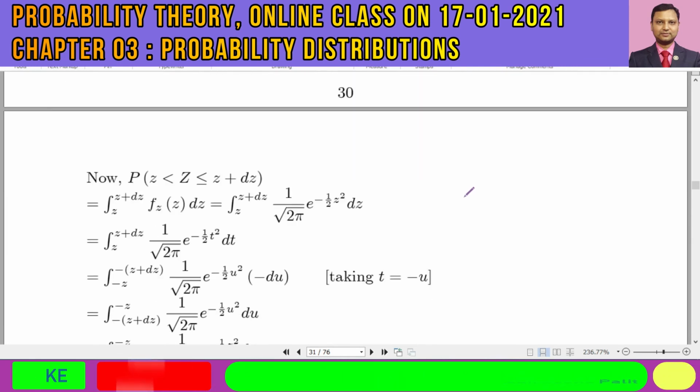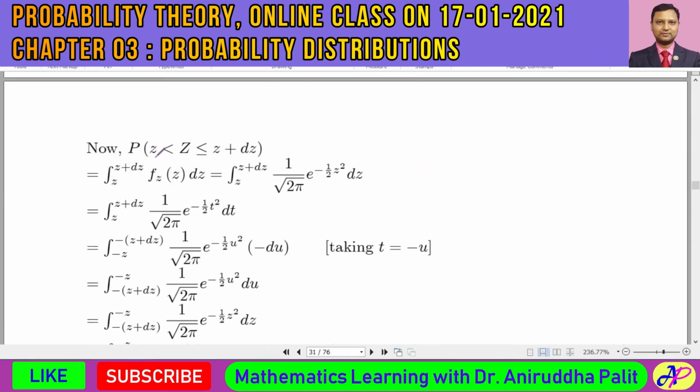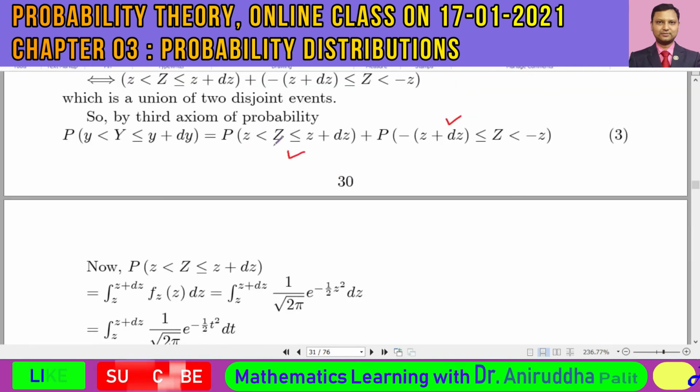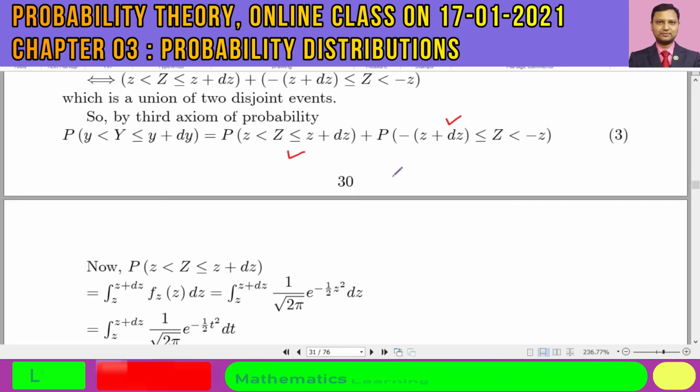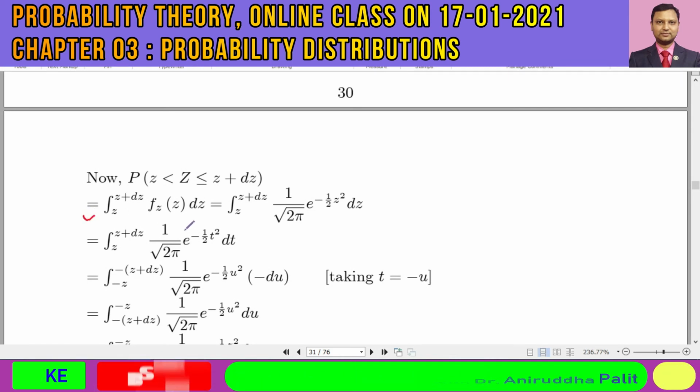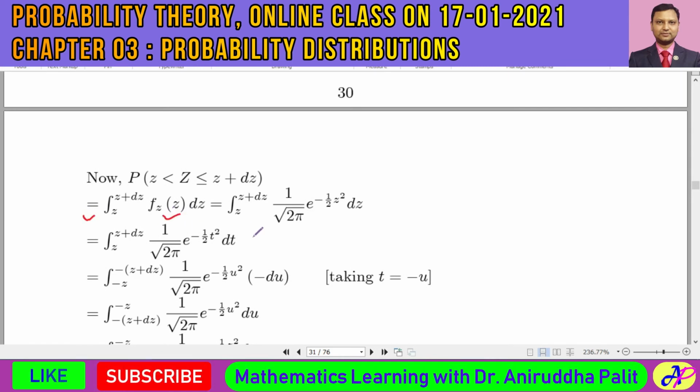Over here you see, z less than capital Z less than z plus dz. This expression can be written as the integral of the corresponding density function of Z, dz, of course.